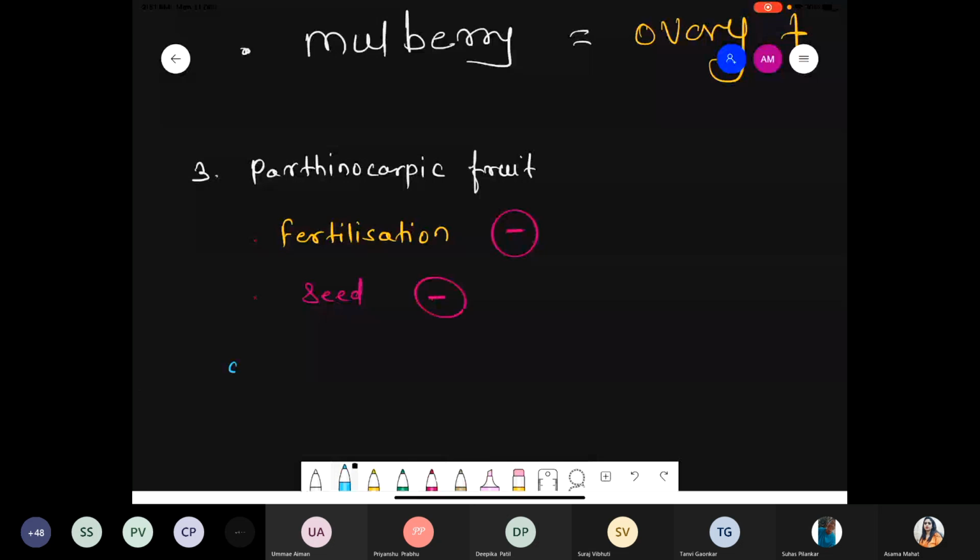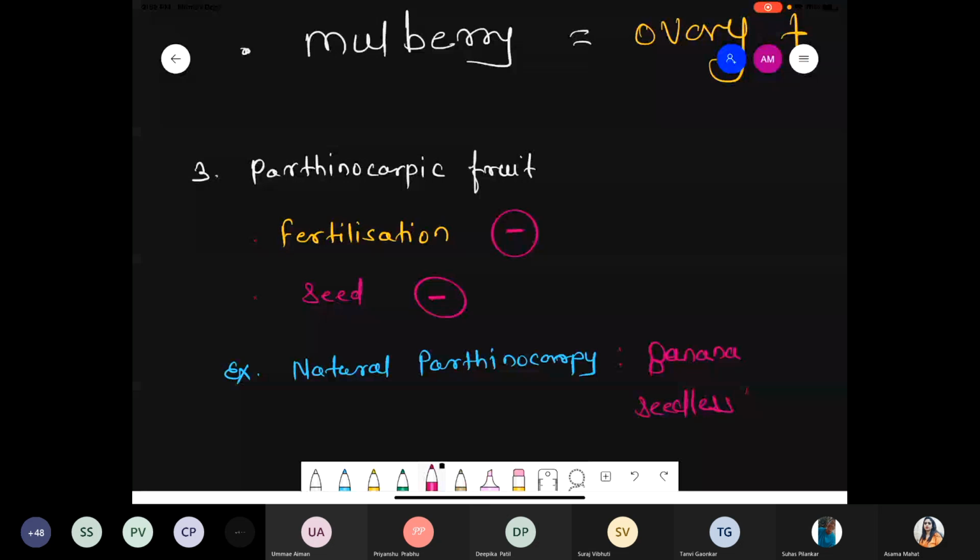We are taking one example which is a natural parthenocarpic fruit, that is banana. Banana is an example which is seedless. Whenever we talk about seeds being absent, it means these are seedless fruits, which is natural.